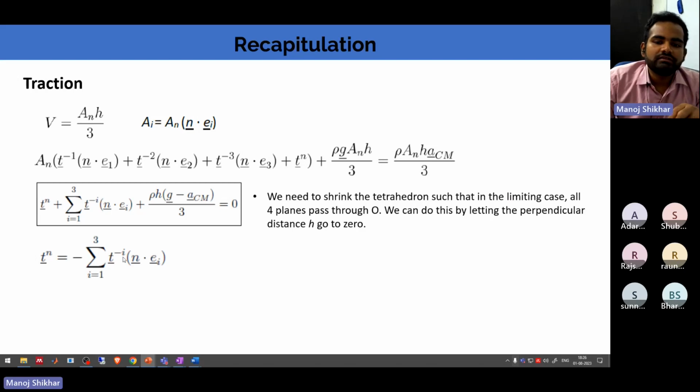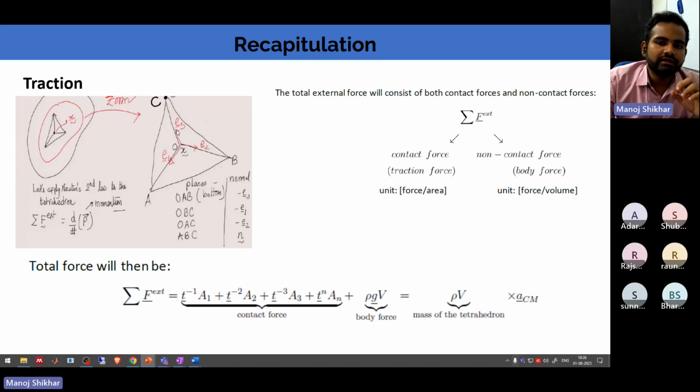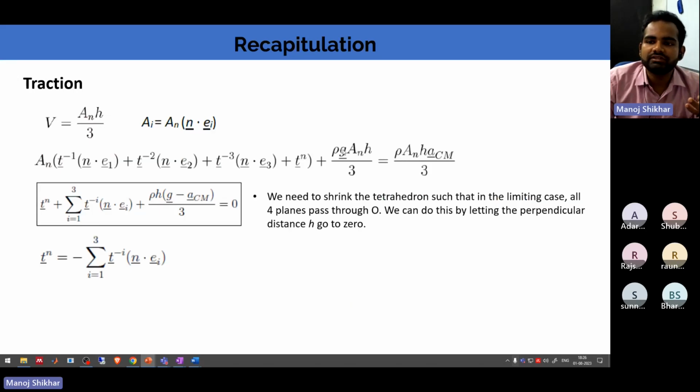One thing to remember is that though in this figure it looks like we have 4 different planes and plane CAB is not passing through O, actually it should pass through O. The way we achieve that is by letting H tend to 0, so this term vanishes and we finally get this part.